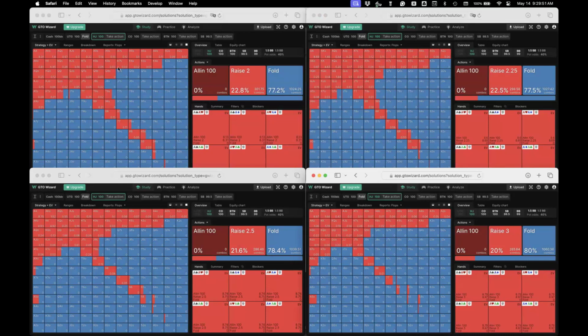Hijack, we're going to see the same thing with our Queen 8 suited that we mix at 2.5, is pure at 2 and is not even there at 3. The difference between 2.5 and 3 is big. Jack 9 suited and 10-9 suited are playing half the time, then basically not at all. Jack, Queen 8, not at all. Pairs to the 6s, pairs to the 7s, kind of full.